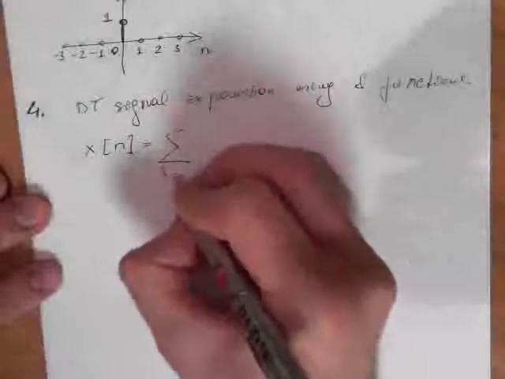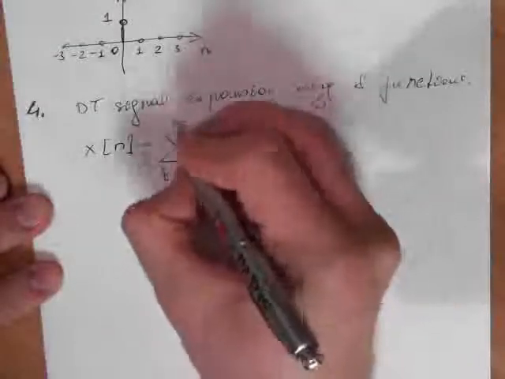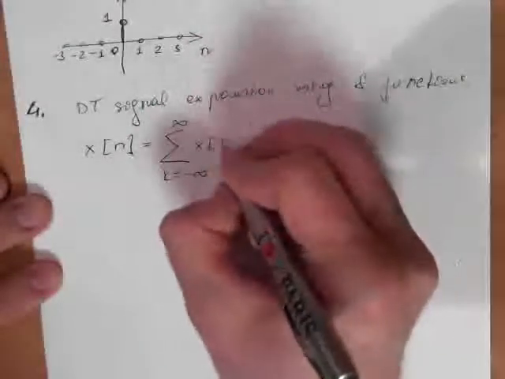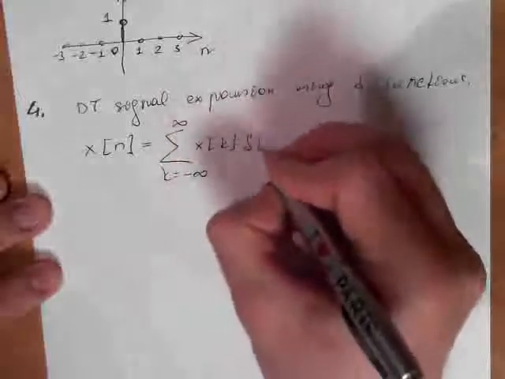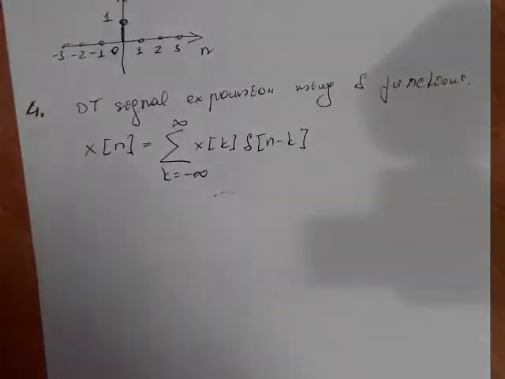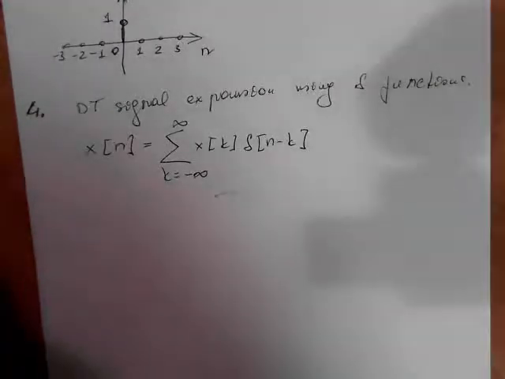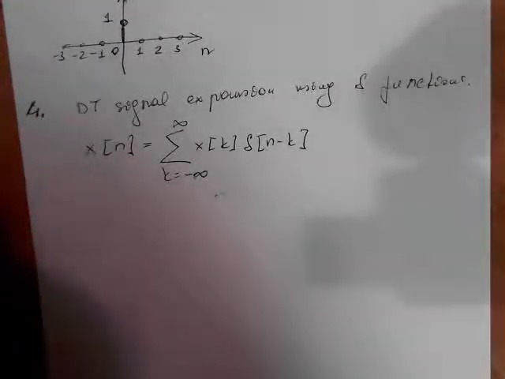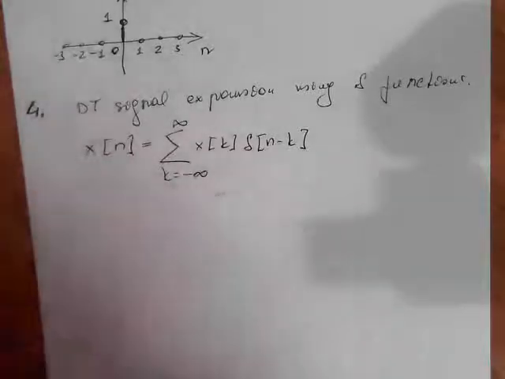So this is the sum from k equals minus infinity to infinity of x[k] delta[n minus k]. So any signal can be expanded by delta functions that are shifted.